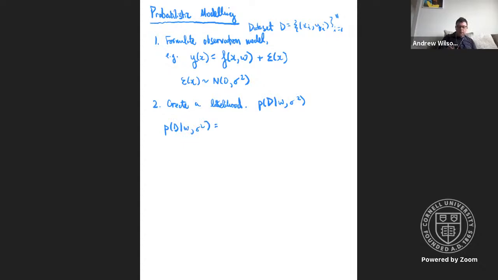If we assume that our data points are drawn from this observation model in equation 1, and that when we condition on our parameters w and the noise of our observations sigma, these data points are independent, then we can write down this likelihood as a product from i equals 1 to n of Gaussian distributions, and the mean. So this is going to be for each y of x_i, which I'll just say is y_i for short.